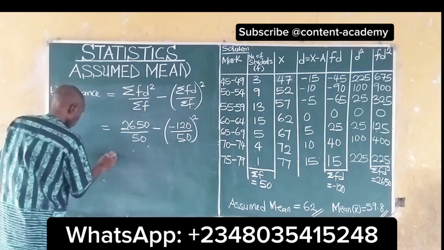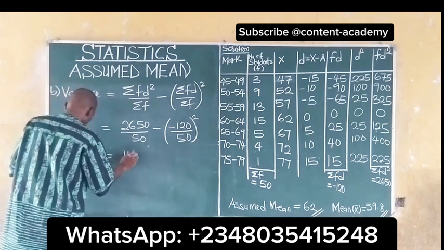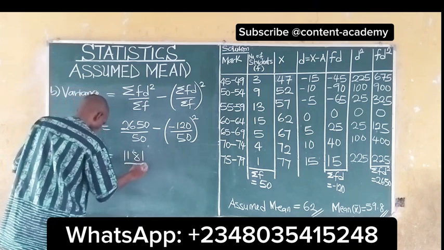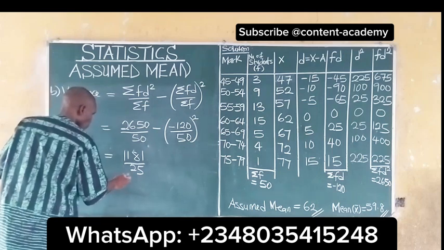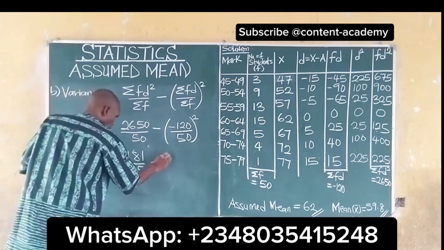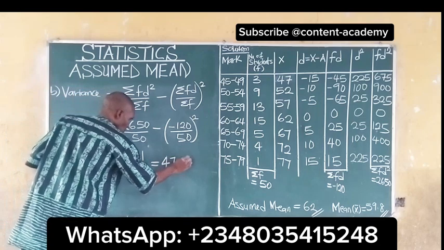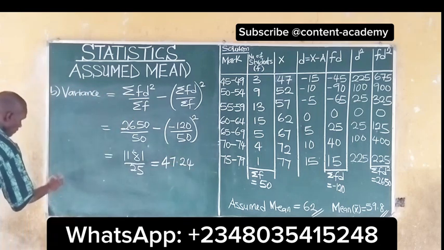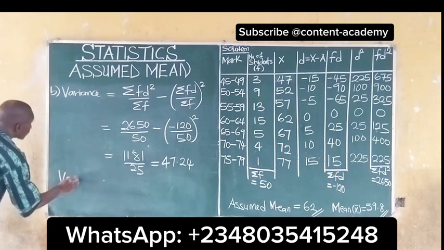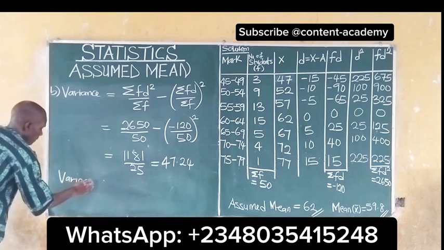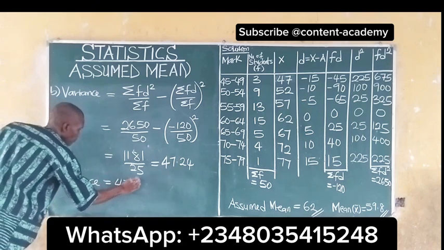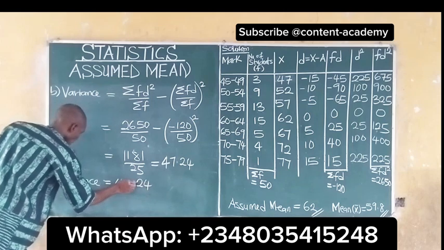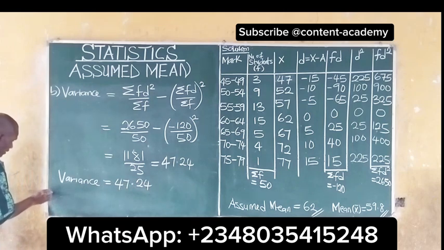This gives us 47.24. Therefore, our variance is equal to 47.24. We can as well find the standard deviation.